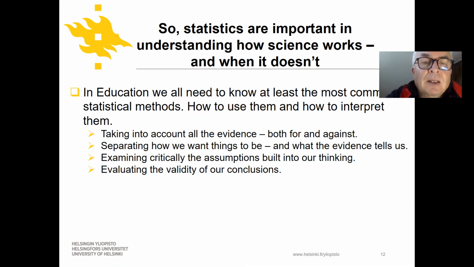It means also that we should be able to take into account all the evidence. It's called cherry picking: the idea of just choosing the evidence that is for your idea, choosing the research methods that you like and so on.